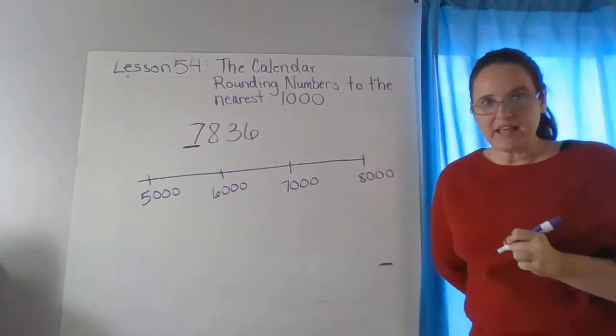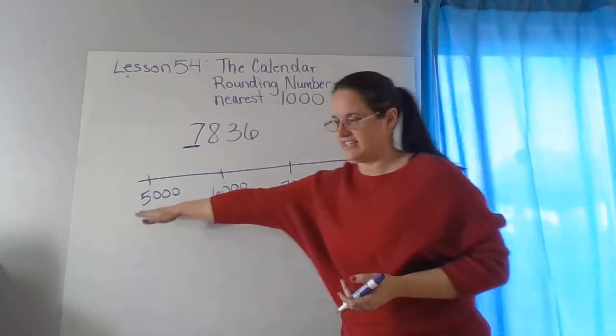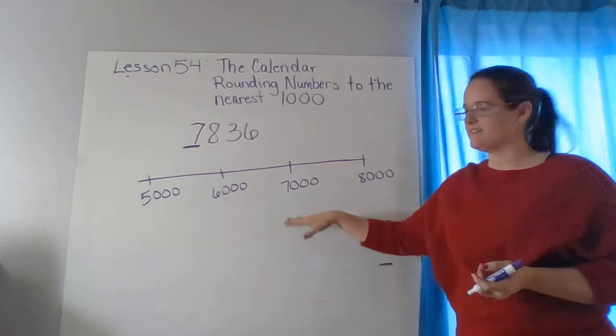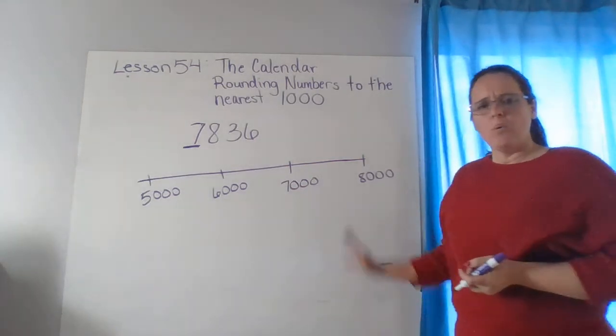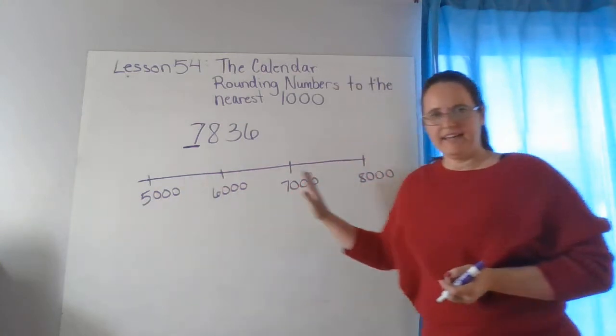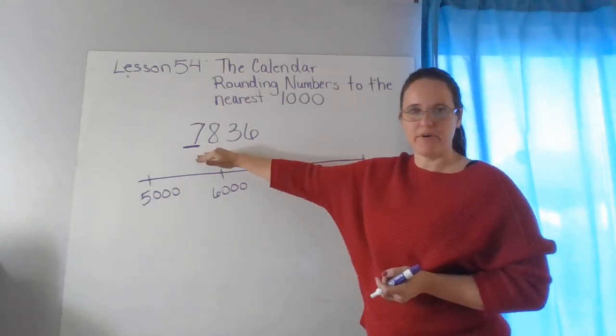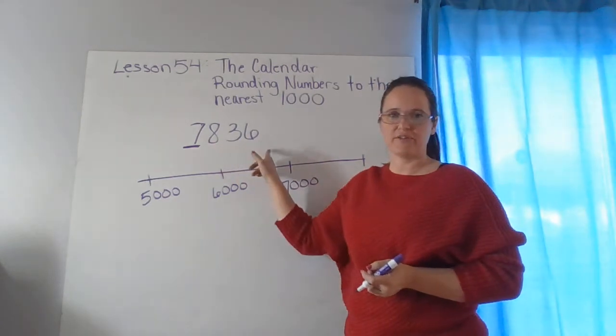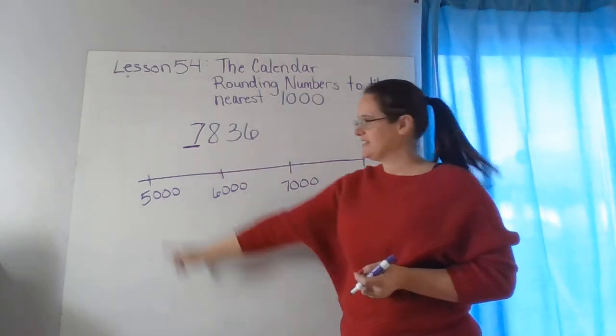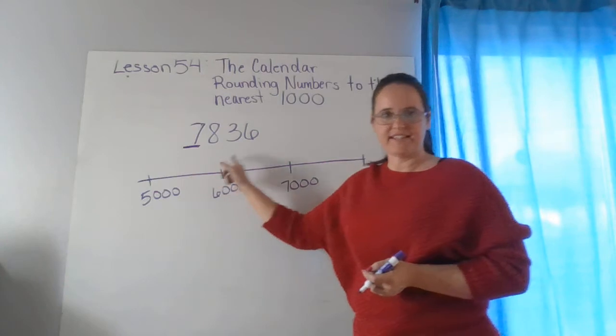Okay, my number line is numbered with every 1,000, 5,000, 6,000, 7,000, 8,000. Where on the number line is this number going to fall? 7,836. Is it going to be between the 5,000 and the 6,000?